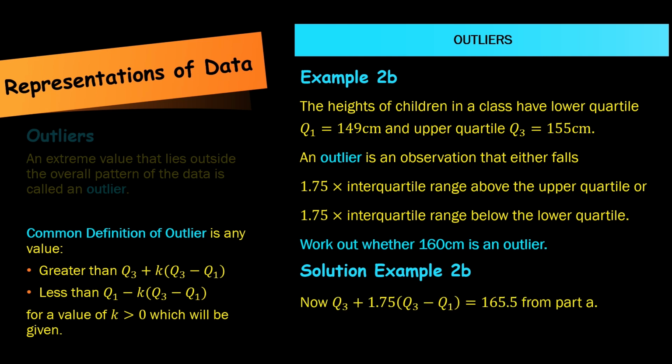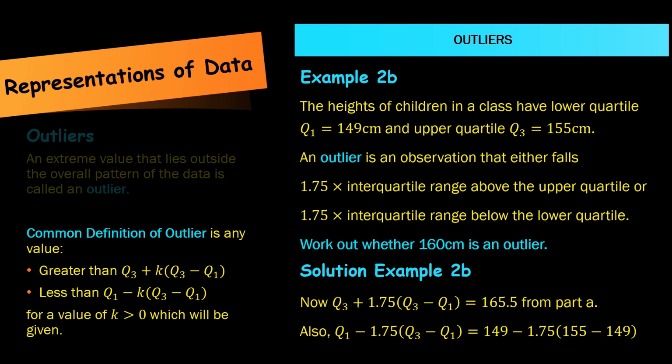We know that Q3 plus 1.75 times Q3 minus Q1 is 165.5 from part A. That's the top end of the critical value. And we can also find the lower critical value, which is Q1 minus 1.75 times Q3 minus Q1.